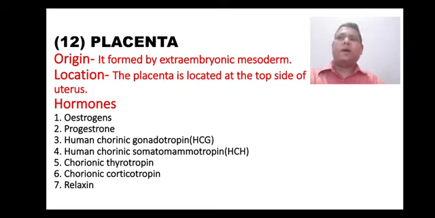The human placenta secretes some hormones like the estrogens, progesterone, HCG (human chorionic gonadotropin), and HCS (human chorionic somatomammotropin), and also chorionic thyrotropins, chorionic corticotropins, and relaxins.